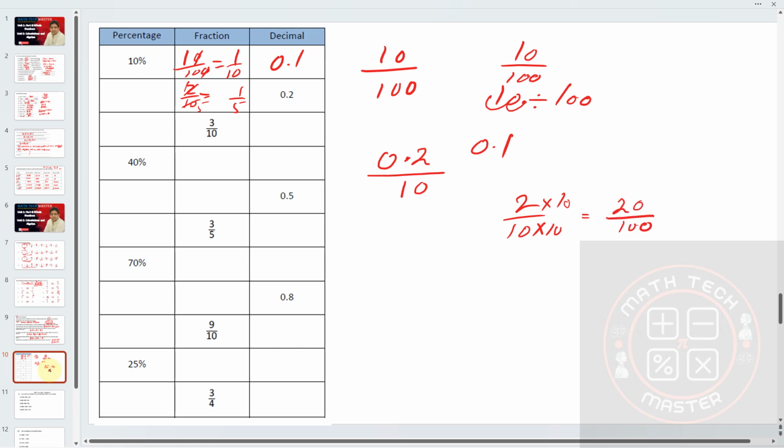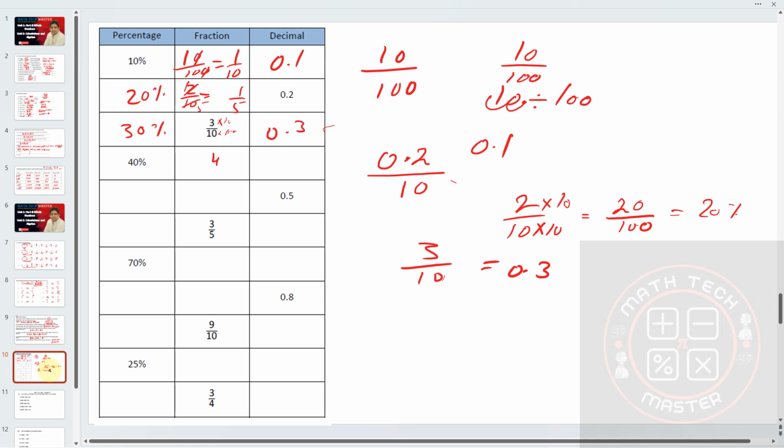When it is out of 100, we can write it as 20%. Same is the case for 3 over 10. It will be multiplied by 10 to change into the percentage. It will be 30%. But if the fraction has 10 as denominator, 3 divided by 10 is equal to 0.3.